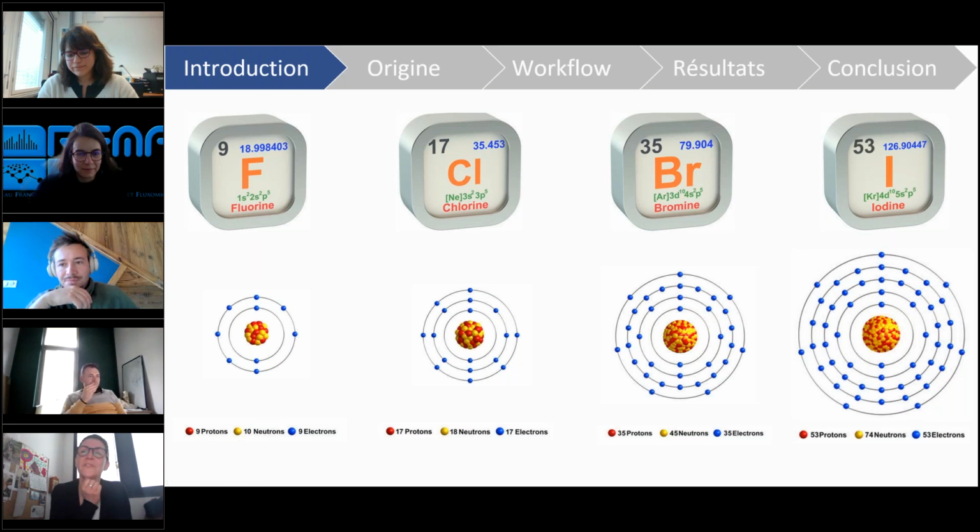Those atoms are very electronegative. They lack only one electron on their external shell, and from the smallest one, fluorine, up to iodine, this confers quite interesting properties.